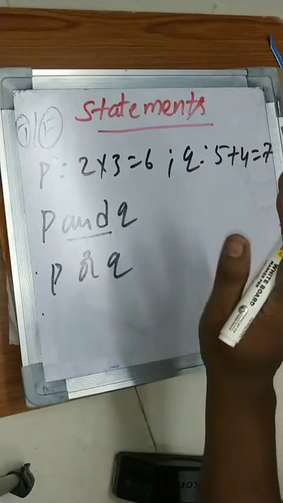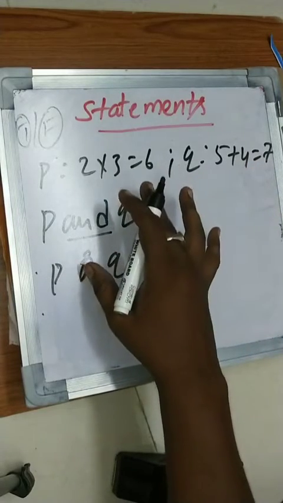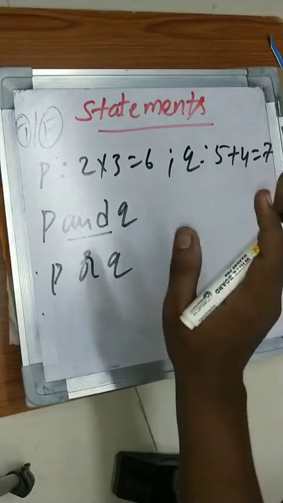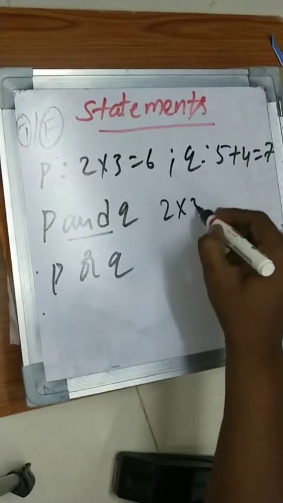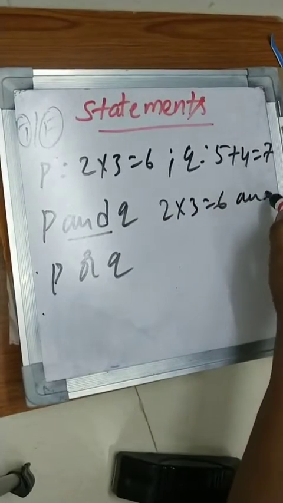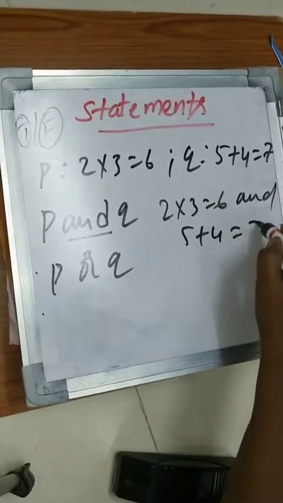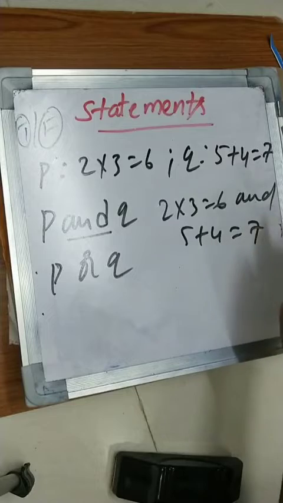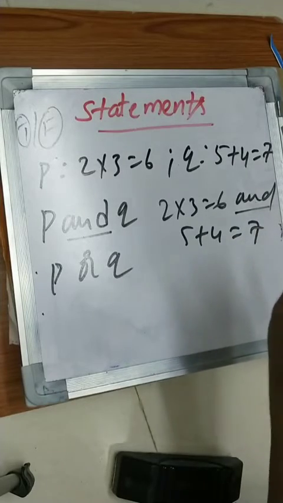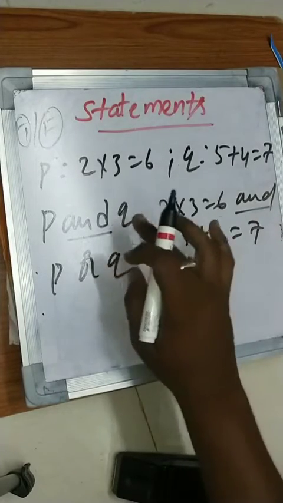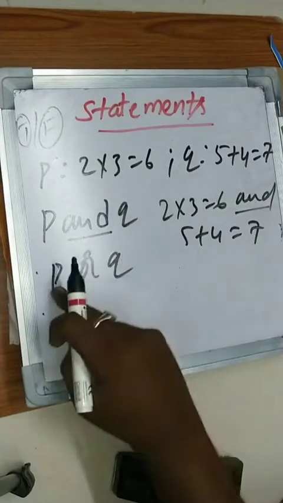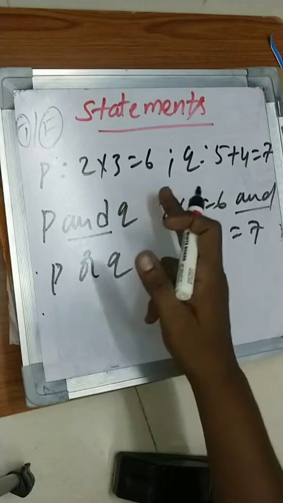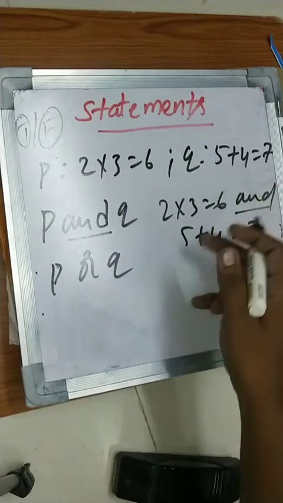I am again repeating, don't concentrate on the truthness of the statements. We will discuss that deeply later, but initially how you are going to connect, like 2 into 3 is equal to 6 and 5 plus 4 is equal to 7. That's it, simple. You are supposed to show how you are going to connect with that particular connective. So p or q, same, 2 into 3 is equal to 6 or 5 plus 4 is equal to 7.